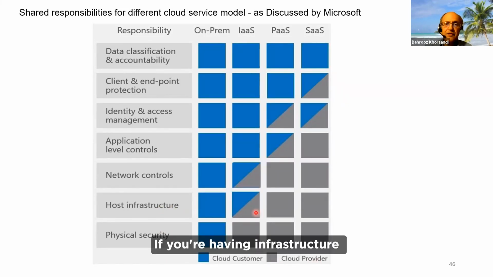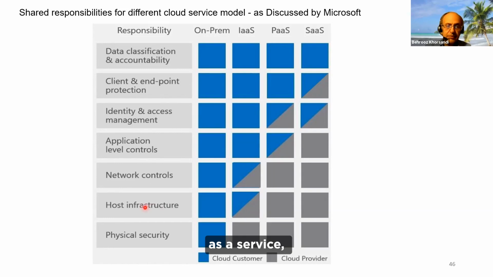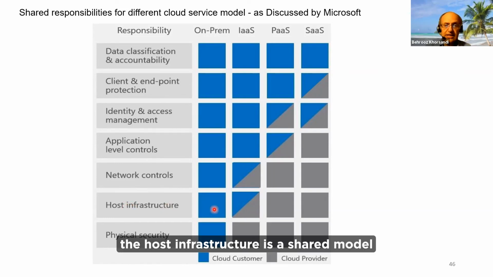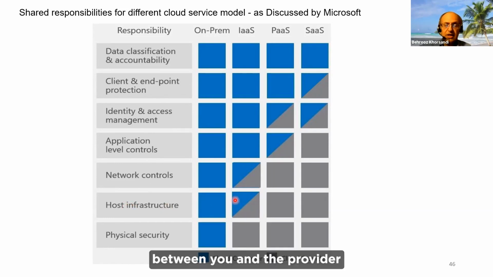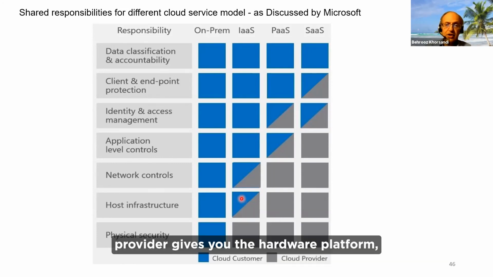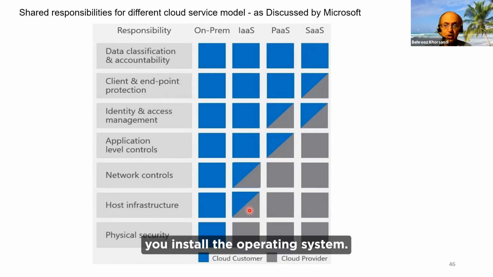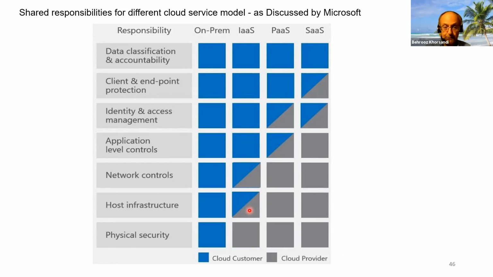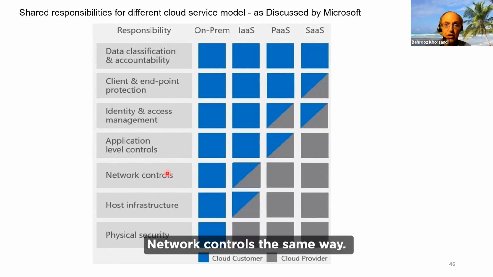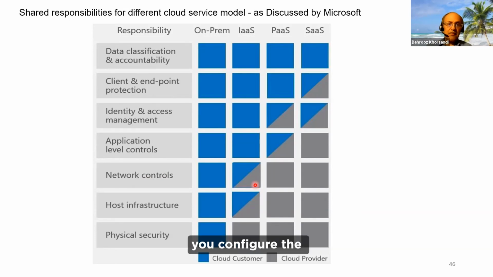If you're having infrastructure as a service, the host infrastructure is a shared model between you and the provider. The provider gives you the hardware platform, you install the operating system. Network controls work the same way. The provider gives you the physical network devices, and you configure the logical network devices.